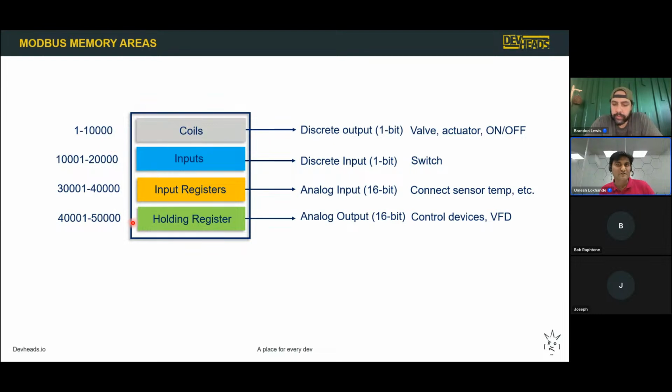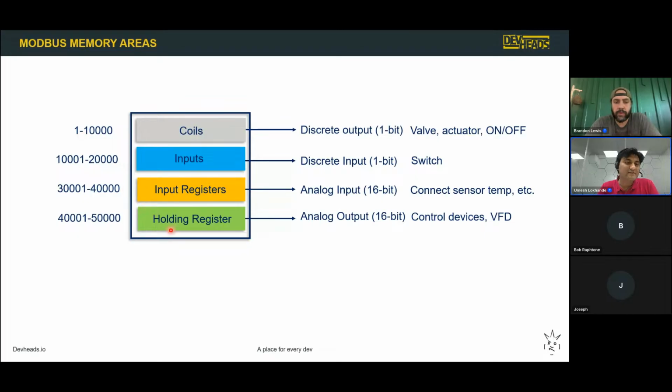So for this project, we only care about the coils, and we will be using address 1. On this address 1, if we write a value 1, that means we will write the value 1 onto coil 1, and that will turn on the LED. Okay.